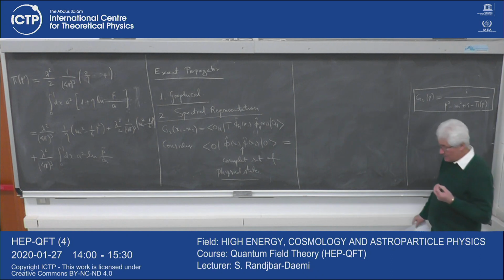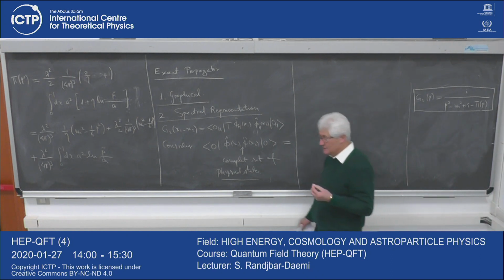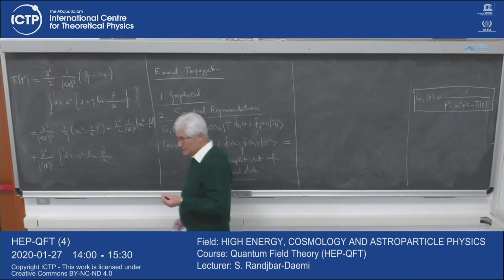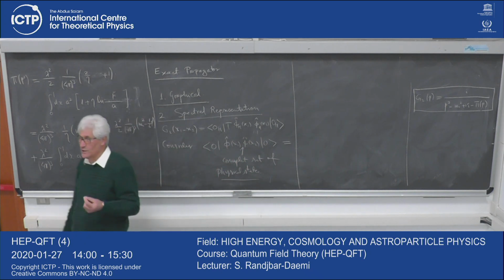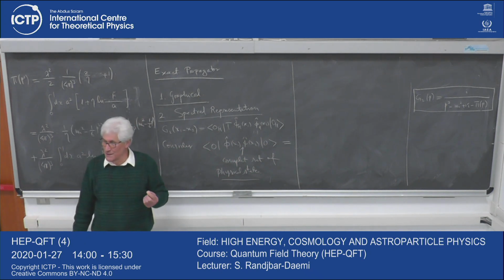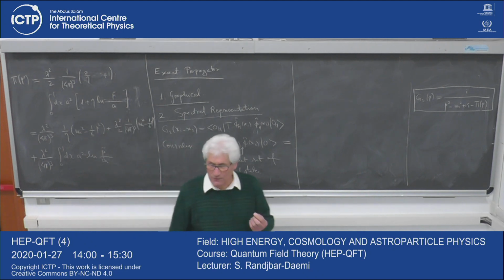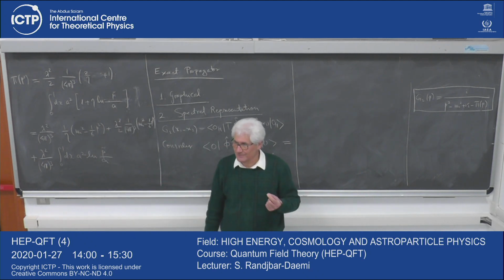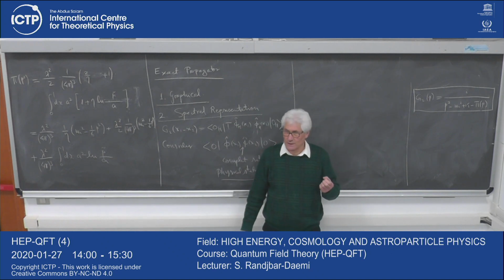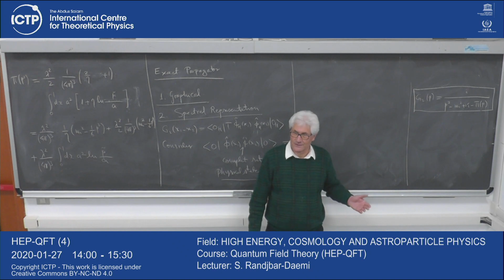Now, one way of defining a particle is a unitary irreducible representation of the Poincare group. That means with every particle, you attach a set of quantum numbers. These quantum numbers are eigenvalues of the Casimir operators of this algebra.